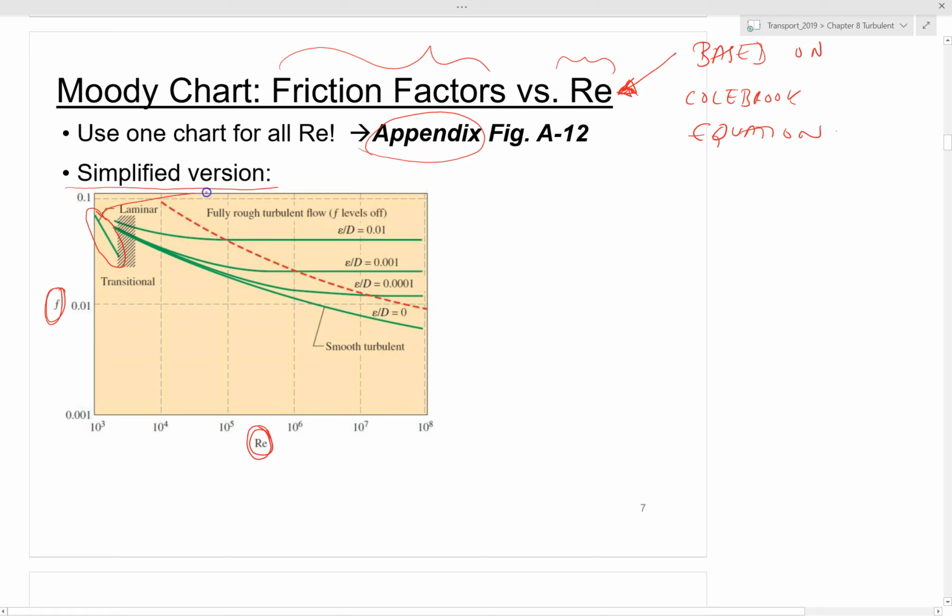This is what we call laminar flow. In laminar flow, your friction factor goes down as Reynolds number increases, and it is independent of E over D.